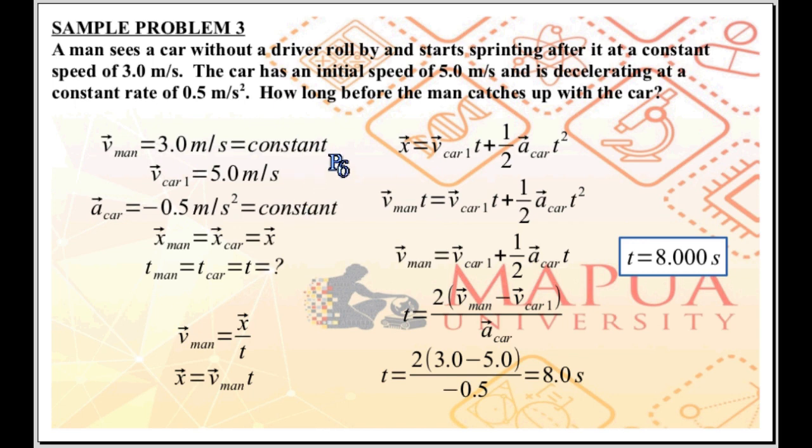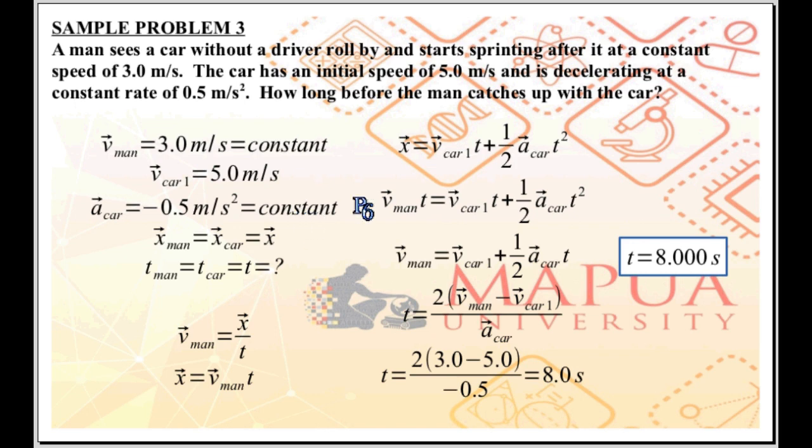Starting with the motion of the man, uniform motion, therefore V is just equal to X over T. Isolating x, x is equal to v times t. Going now to the motion of the car. The car is undergoing uniform acceleration. You have 4 equations to choose from.